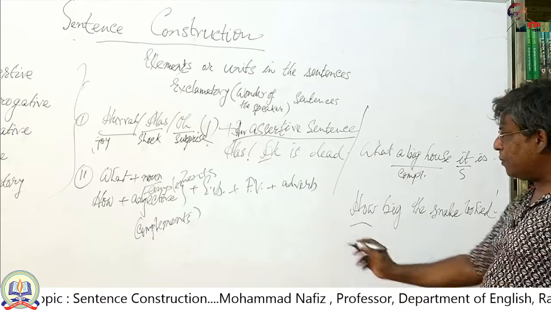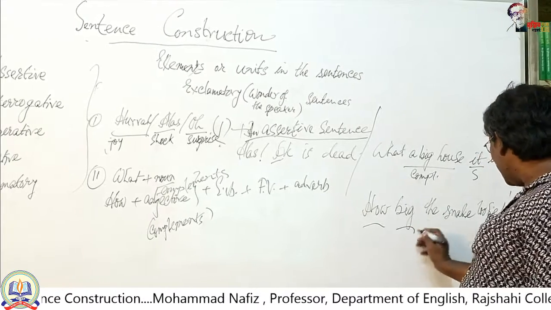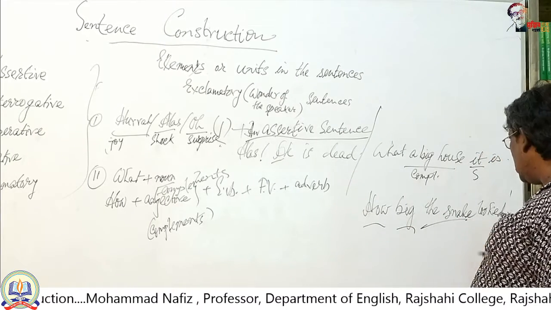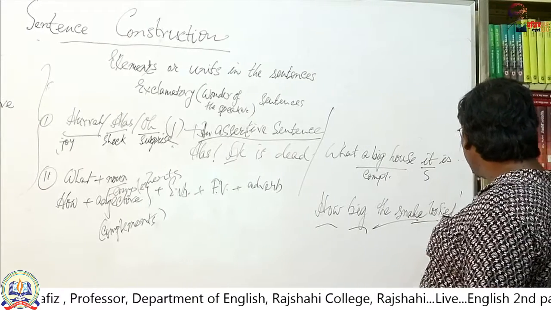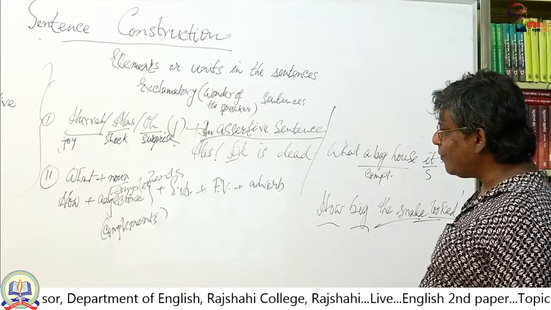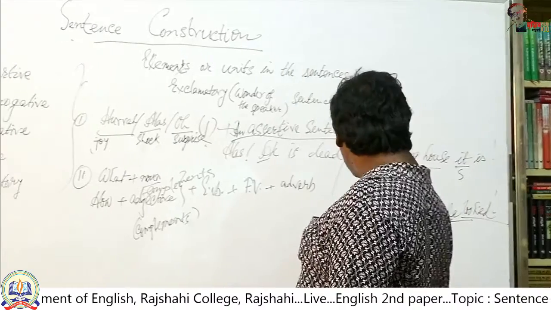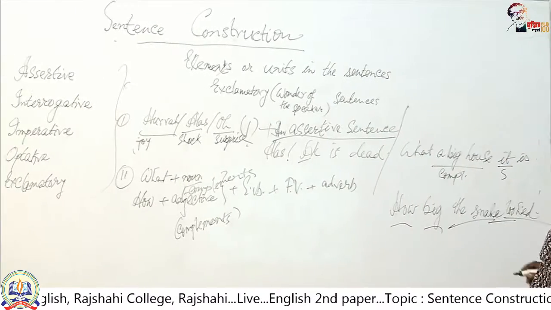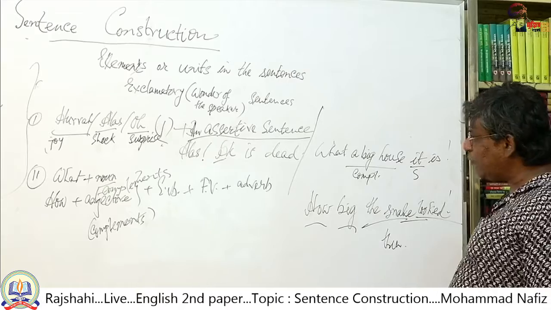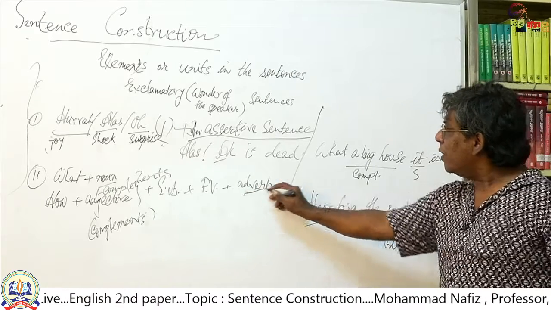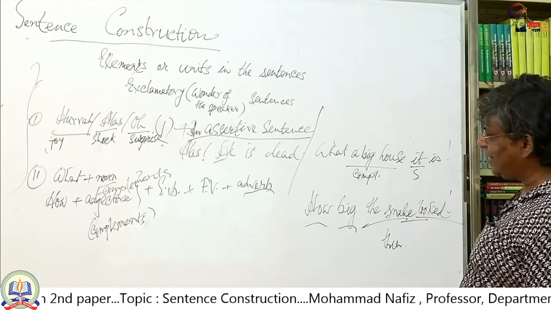How plus adjective plus subject, the snake, and looked is the finite verb. How big the snake looked. Then if we add more, we have also an adverb in this sentence.